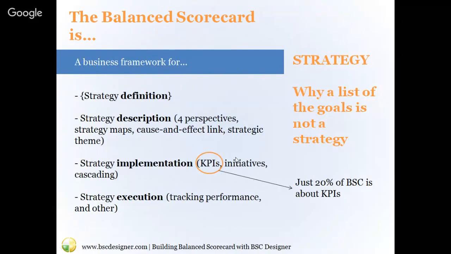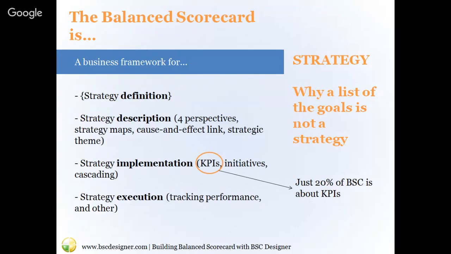When people hear the word Balanced Scorecard, most people think that the Balanced Scorecard is about KPIs, key performance indicators, about balancing these key performance indicators. Actually, as you can see, the KPIs are an important part of the Balanced Scorecard, but it's not the main one.